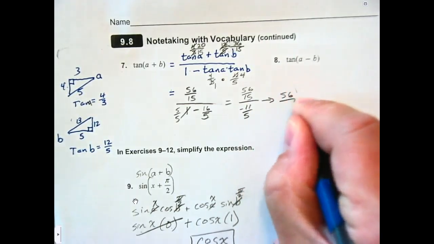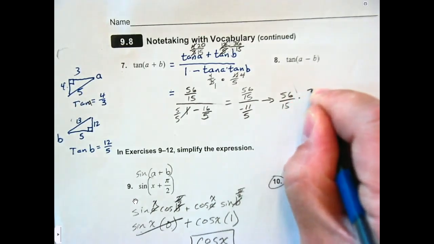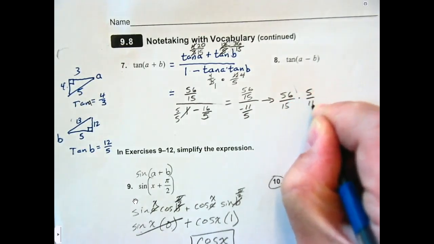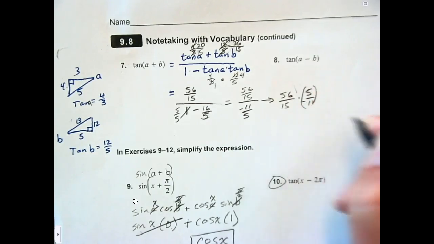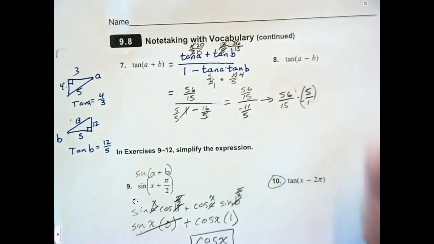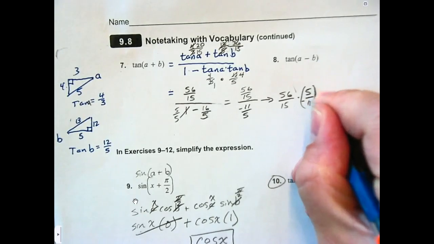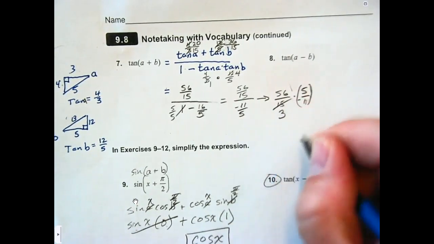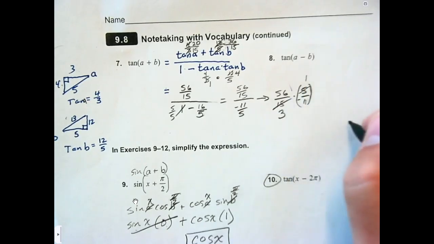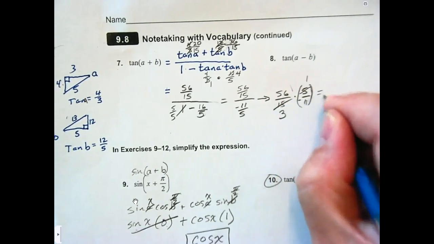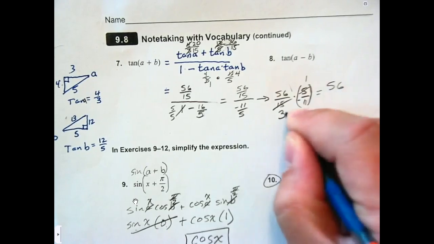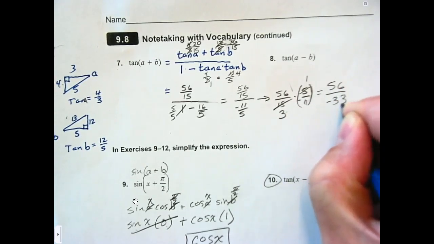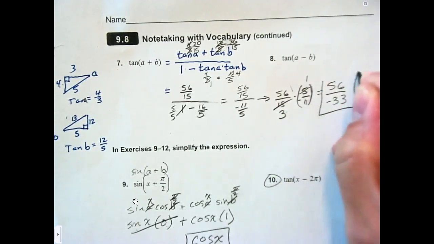So 56 fifteenths times 5/11ths of the negative style. Okay, so remember to put parentheses, otherwise you may think you're subtracting there. Cross cancel. 5 goes into that 3 times, into that once. You get 56 over negative 33, or negative 56/33.